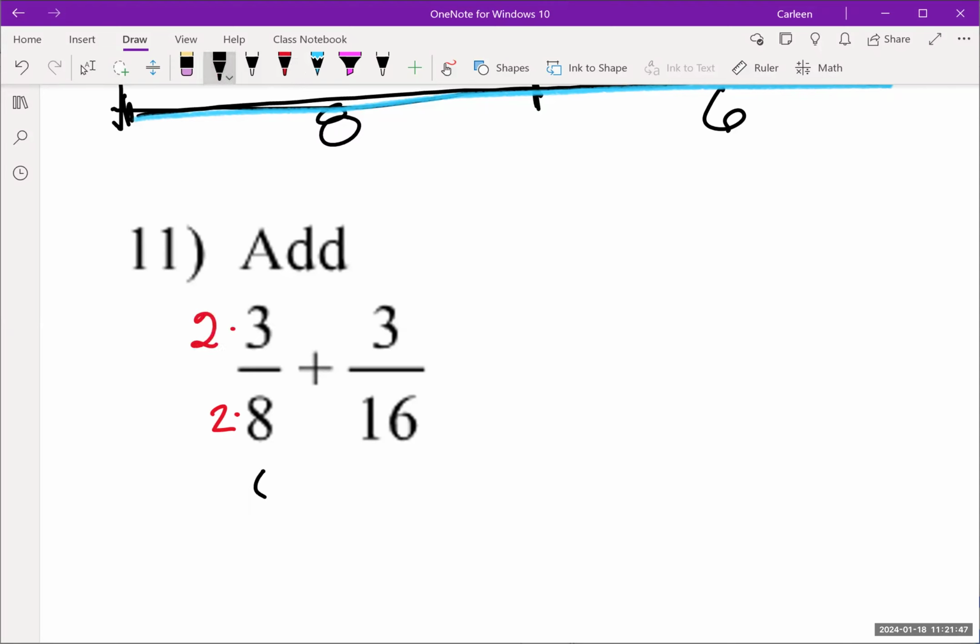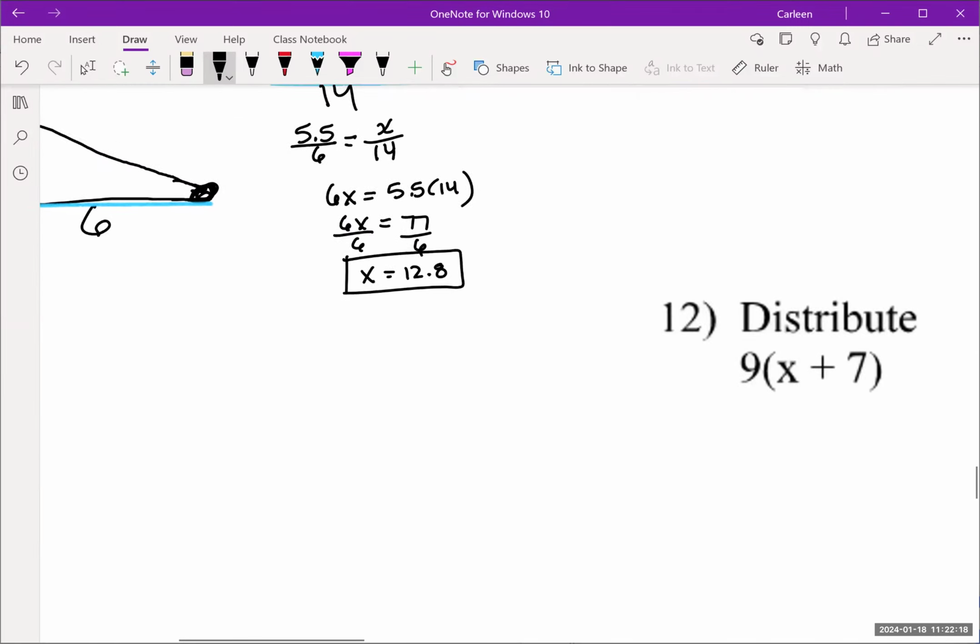So 6 over 16 plus 3 over 16 is equal to? Thank you. 9 over 16. Now, can we reduce? No, we don't reduce because 9 and 16 do not have any common factors.